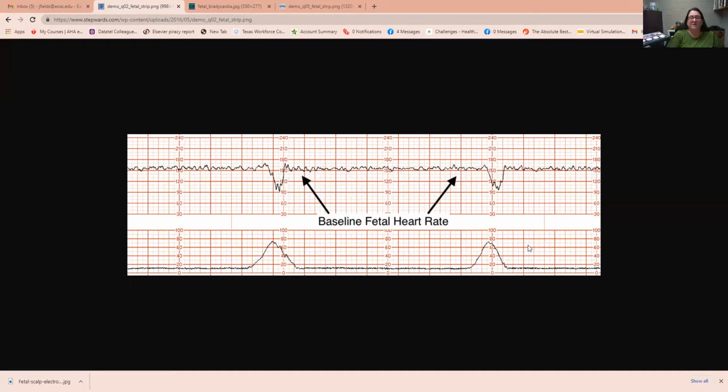So I would chart this. If they have an internal monitor, I would chart contractions noted every 7 minutes, to 70 millimeters of mercury, with resting tone at 10 millimeters of mercury.